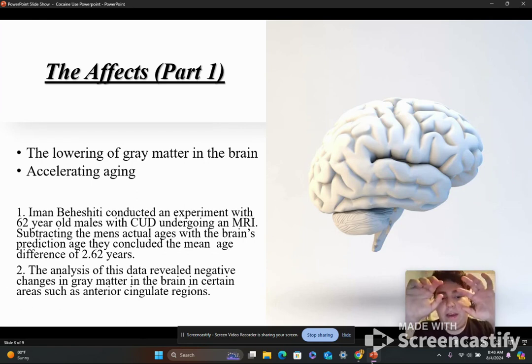And when they did that, they concluded that the mean age difference of the males is 2.62 years. And the analysis of the data also showed negative effects and changes within the gray matter part of the brain, specifically in regions like the anterior cingulate regions.